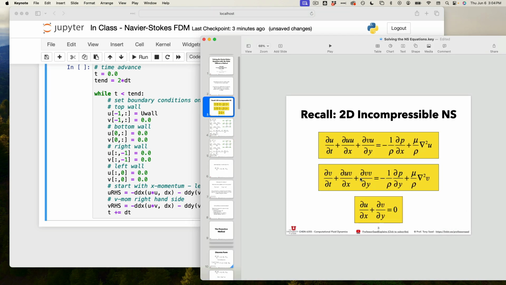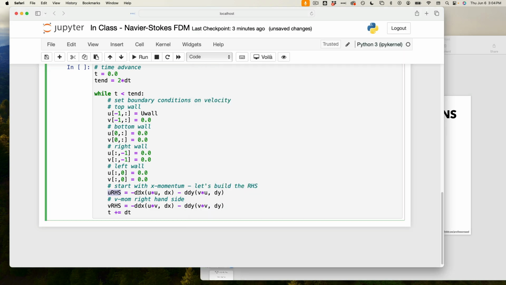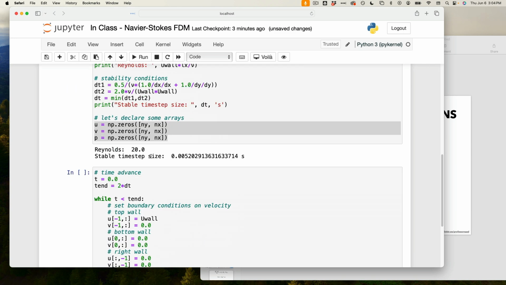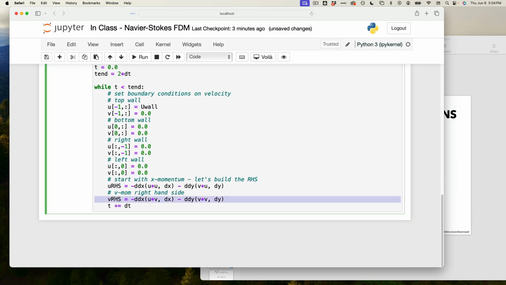So it's duv by dx and dvv by dy. Now, I don't have to declare an array for these because ddx and ddy are already declaring memory for me here. So u right-hand side and v right-hand side are going to be just the correct size with the correct values everywhere.